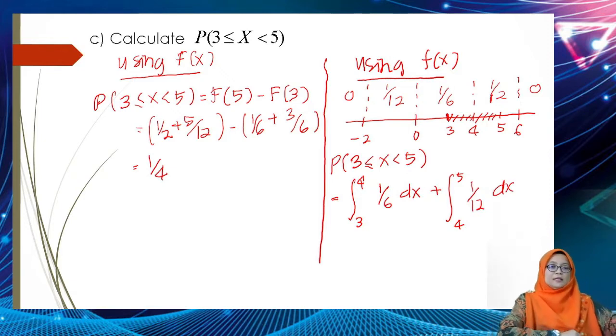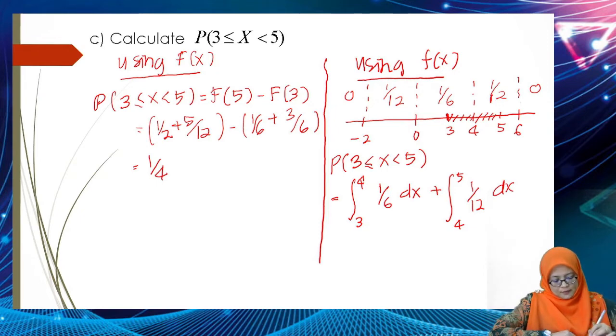Okay, so then kita integrate, cari nilai macam biasa lah. So awak akan dapat 1 over 6x, substitute value from 3 to 4 plus from 4 to 5, integrate 1 over 12, dia akan dapat 1 over 12x, substitute value from 4 to 5.